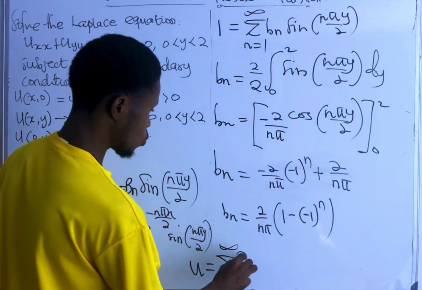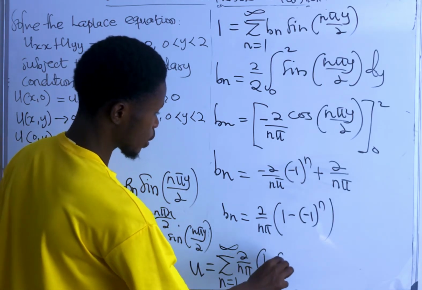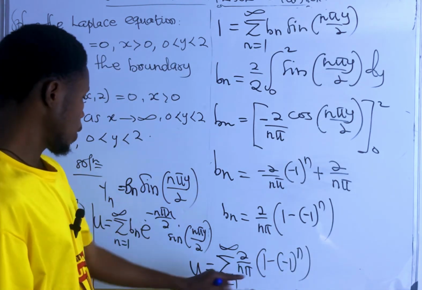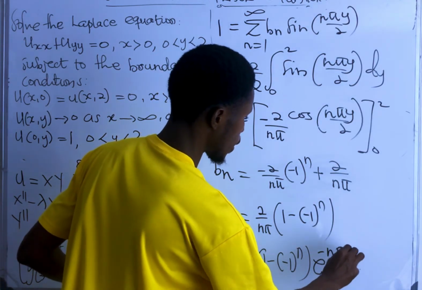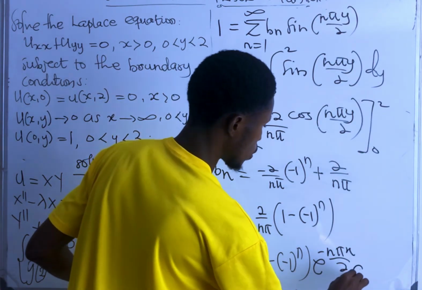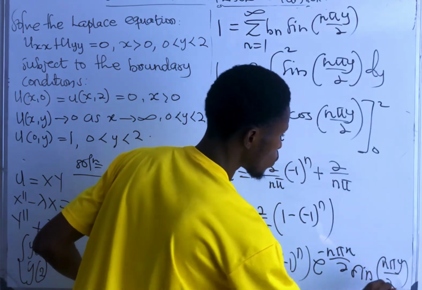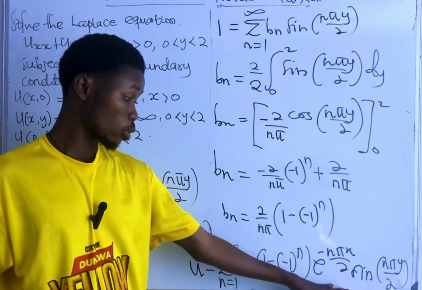Now my Bn is 2 over n pi bracket open 1 minus negative 1 to the power n. That's it for Bn. Then e to the power negative n pi x over 2 sine n pi y over 2. So this becomes the particular solution.